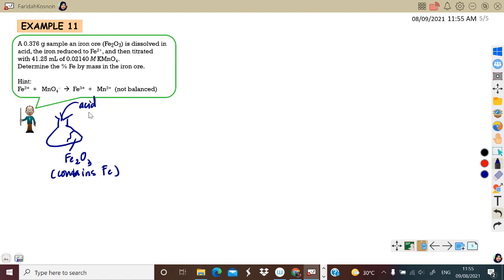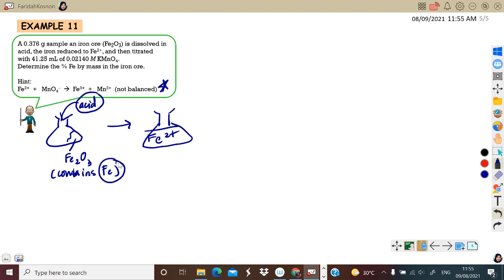Bila dia sebut dissolve in acid, maksudnya reaction itu in acidic medium. Okay, sebab itu kita balancekan tadi tu sama seperti kita balancekan equation redox untuk acidic medium. Okay, so bila kita dissolve dengan acid, apa yang kita dapat kat dalam ini adalah larutan iron 2+. So iron 2+ ni datang daripada mana? Datang daripada iron solid yang ada dalam iron ore.